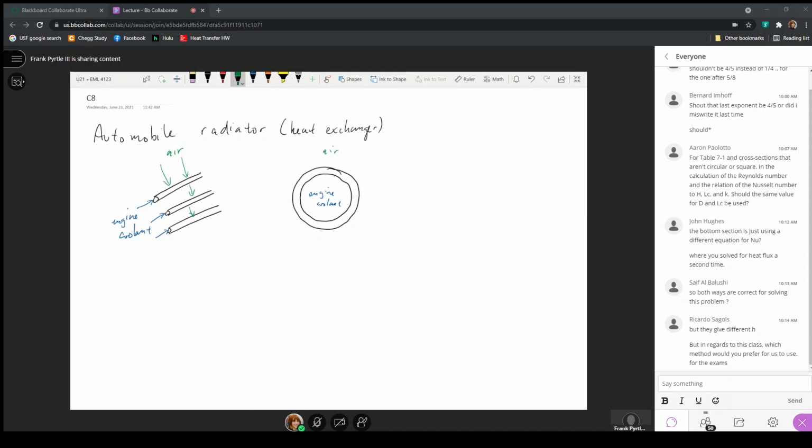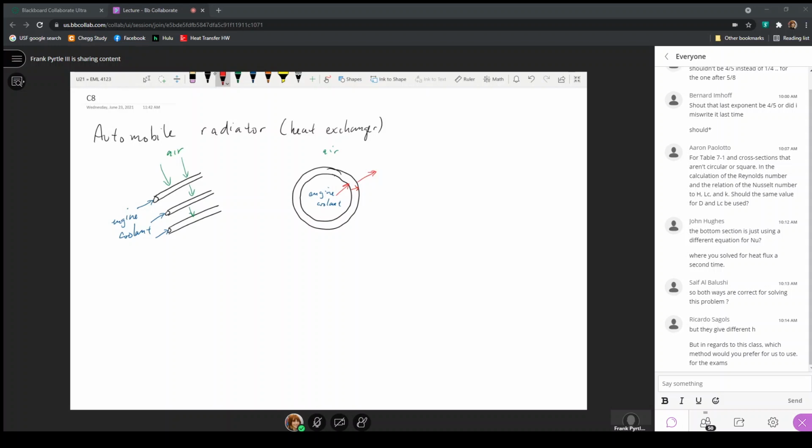Here we could construct what would look like a thermal circuit, in that I would have heat transfer from the engine coolant to the inner surface of the pipe. I would have heat transfer by conduction from the inner surface to the outer surface of the pipe. And I have heat transfer by convection from the outer surface of the pipe to the surrounding air.